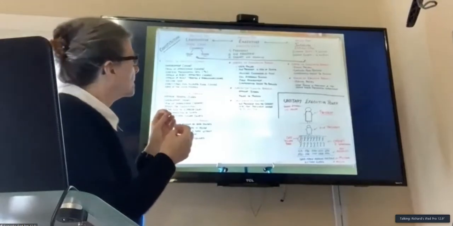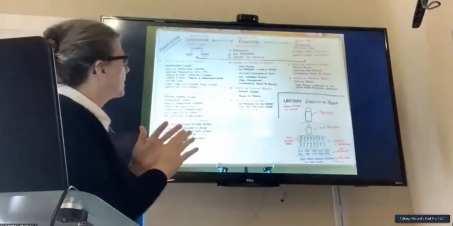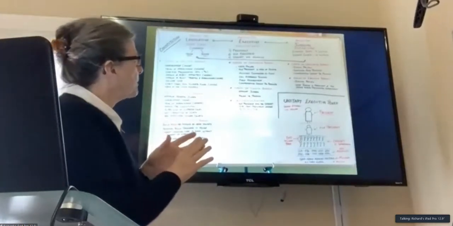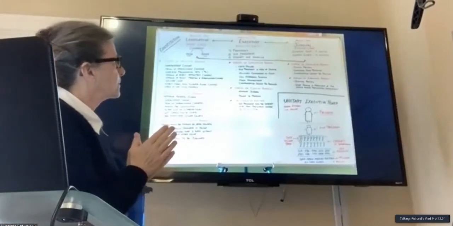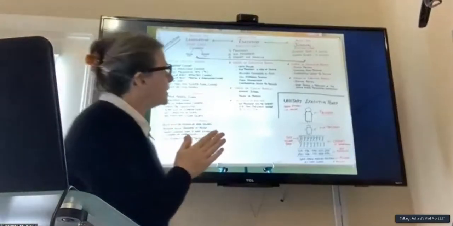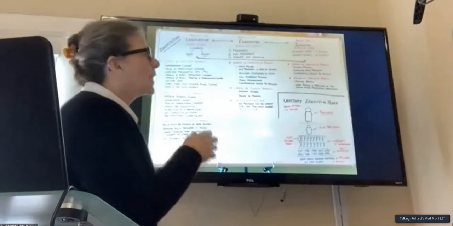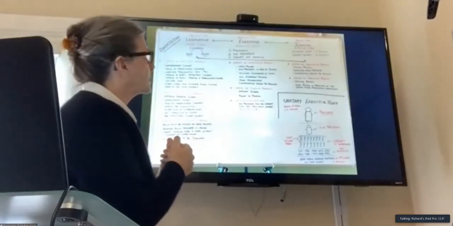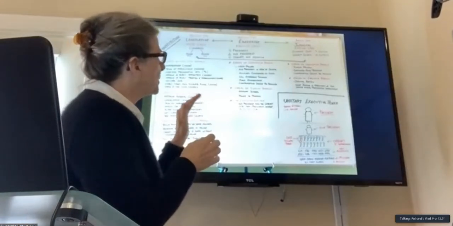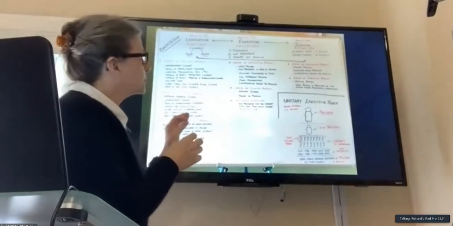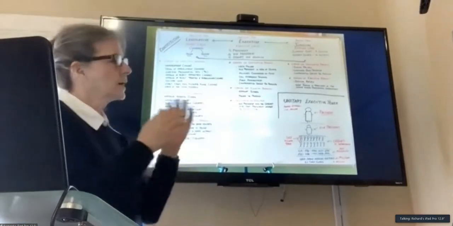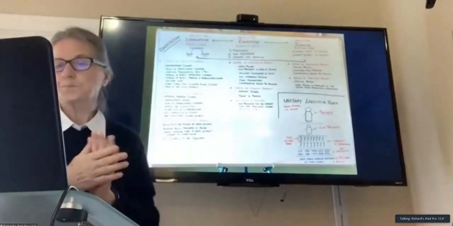It includes the president, the vice president, the cabinet, and other agencies. Article 3 is the judicial branch. They explain or interpret the laws. That includes the Supreme Court and the district courts underneath, and then other federal courts under them.